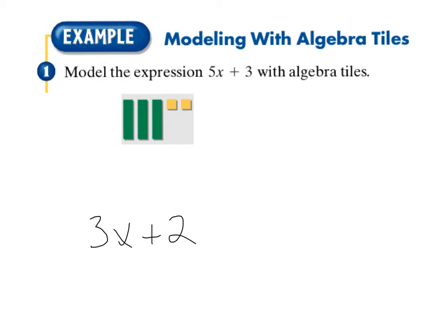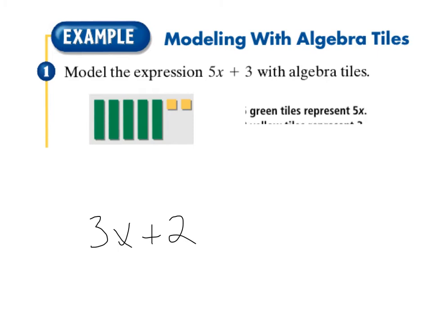So anytime you have anything where one number has a variable and one number does not, your variable number is going to be green rectangles, and your non-variable number is going to be yellow squares. So if we go back to our 5x plus 3, we have 5 green tiles to represent 5x, 3 yellow tiles represent 3. So it's just a way to visually see the problem.